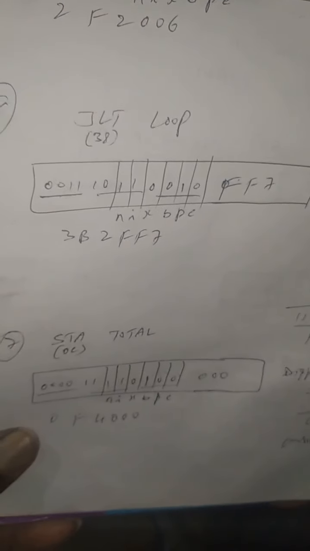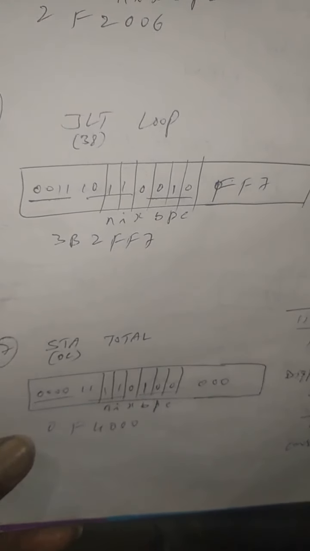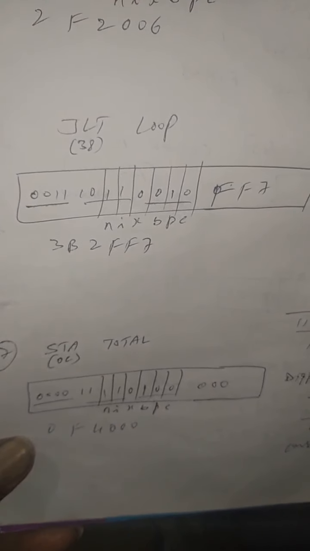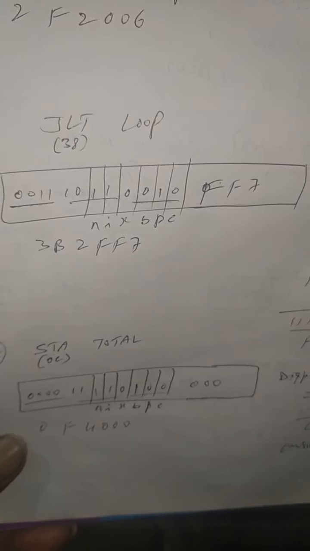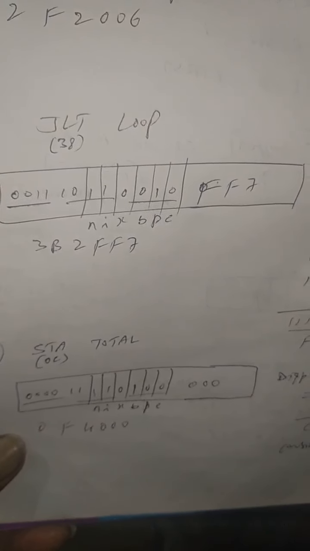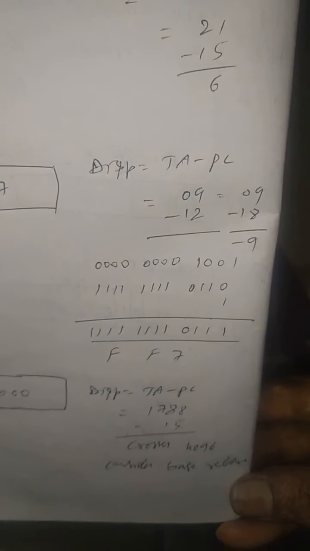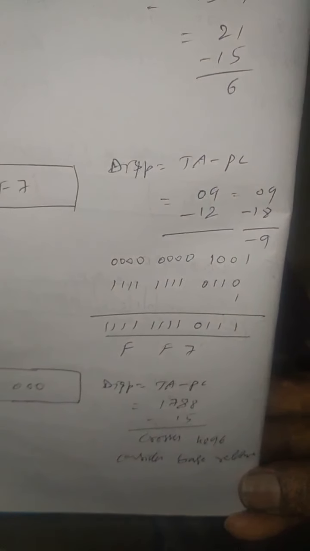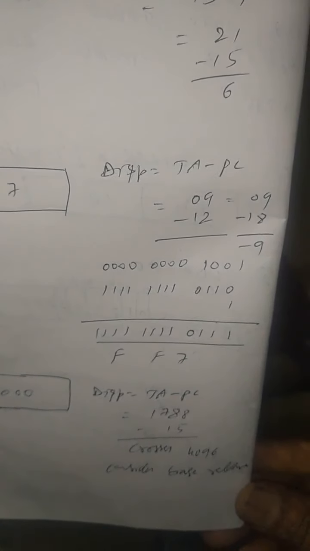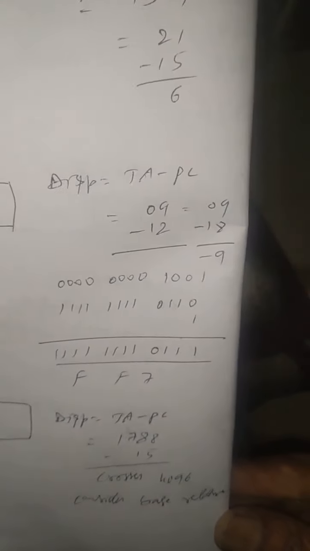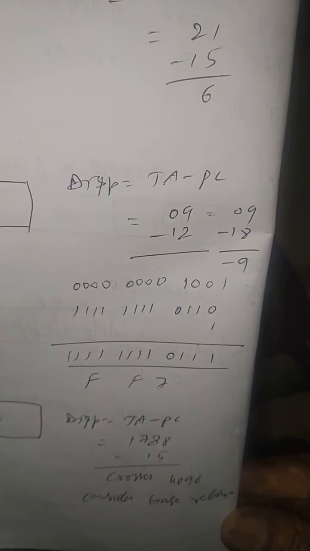JLT has got 38 as the value. So the last two bits are N and I. Make them as 1 and 1. And it is PC relative. Now displacement is target address minus PC. So it becomes a negative value. 09 minus 12, so it becomes negative, minus 9 in decimal.